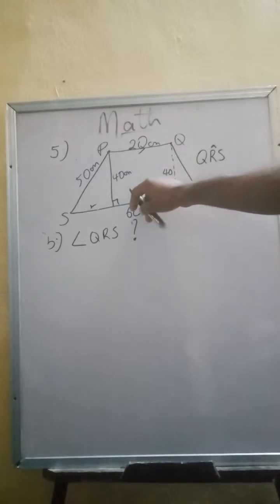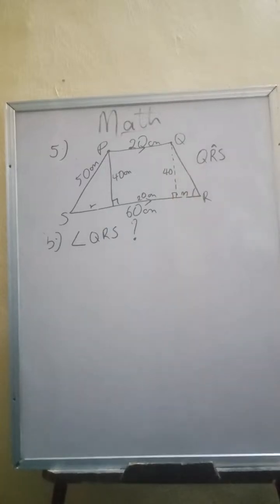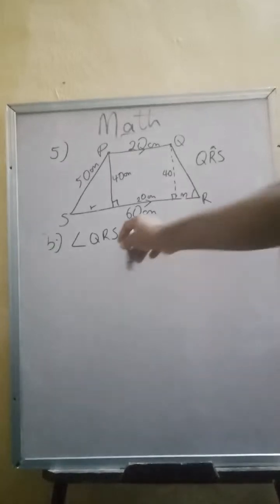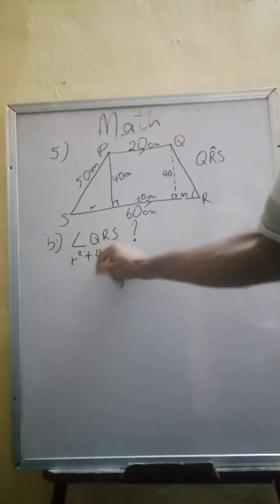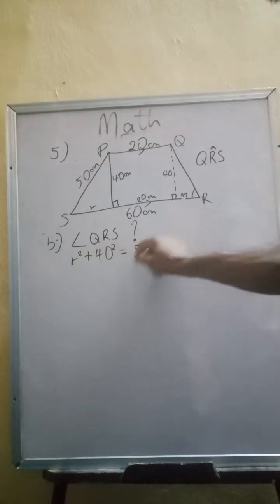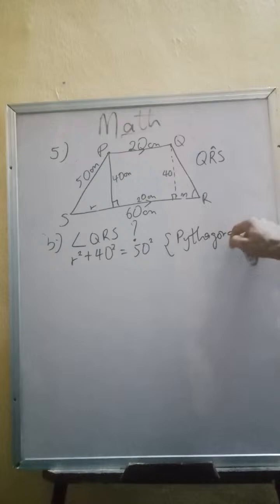This part has been gotten already as 20. And let's call this M. Now moving on. Using your Pythagoras theorem, r squared plus 40 squared equals 50 squared. That's Pythagoras' rule.